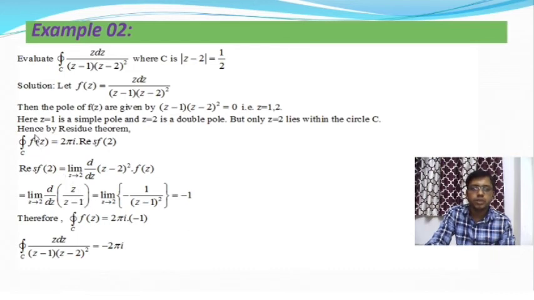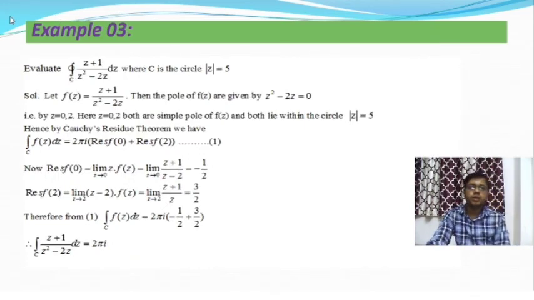From Cauchy's residue theorem, the value of the integration of f of z dz is equal to 2 pi i into the residue at the point z is equal to 2, which is minus 1. Therefore the value of the given integration is equal to minus 2 pi i.